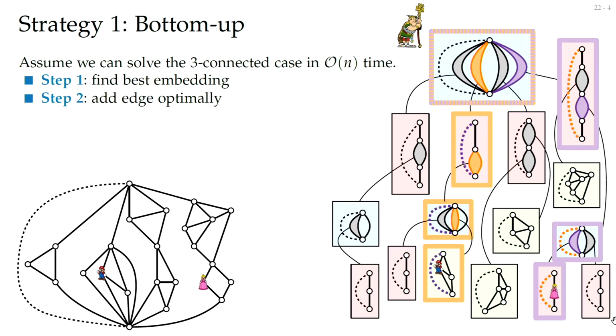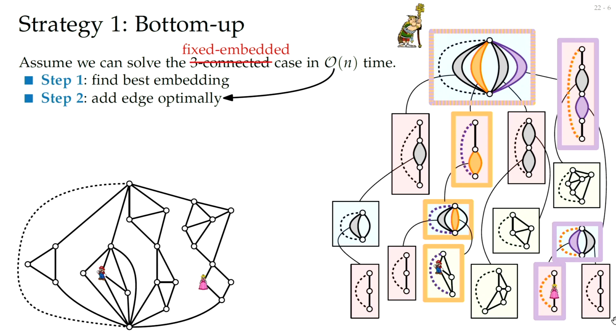And in the second step, after we found this embedding, we want to add the edge. And in fact, we will not use the fact that we can solve the 3 connected case, but we will use the fact that we can solve the fixed embedding case, so that we can solve everything that we have in between. Because they might not be 3 connected, but if we say we don't want to change the embedding anymore, then after we fix the embedding for the whole thing, we can just solve it with this algorithm.